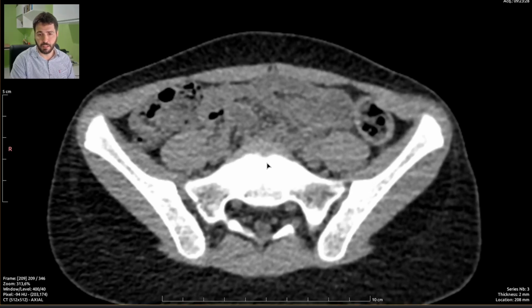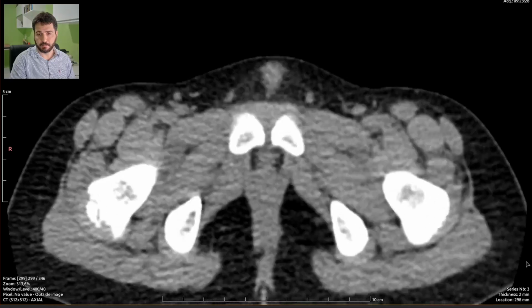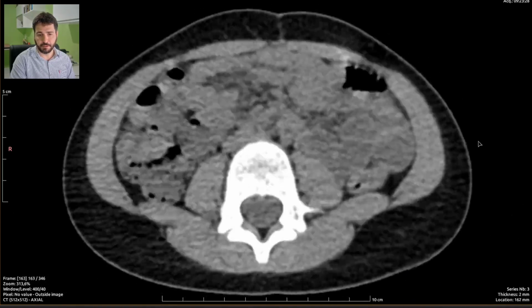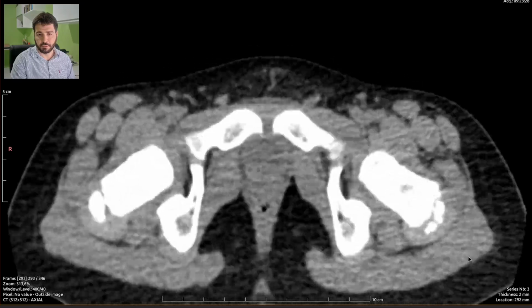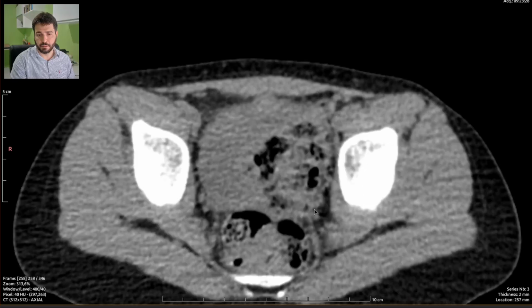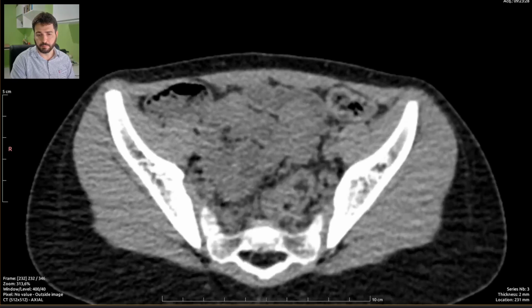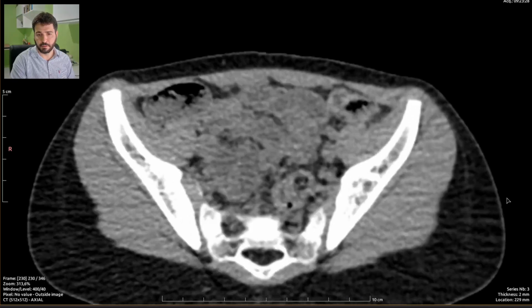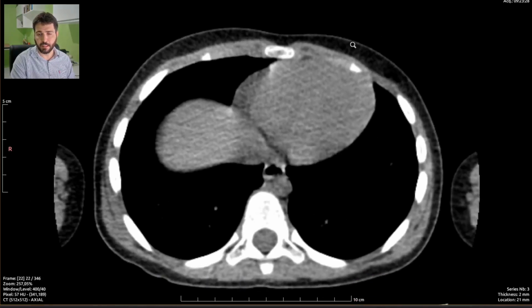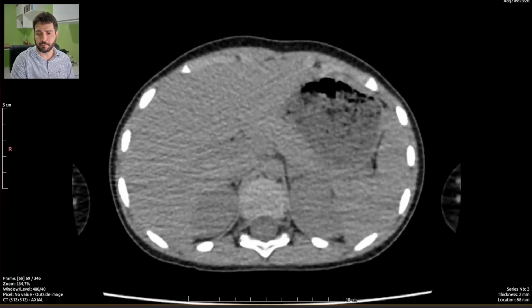Also, there is no sign of an inflammatory disease on the right inferior quadrant of the abdomen. There isn't intraperitoneal fluid. So this really doesn't look like an acute abdomen.